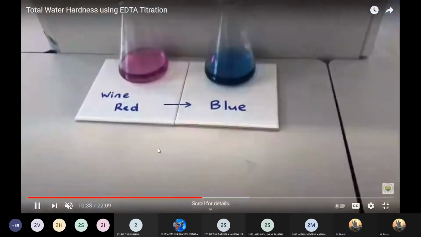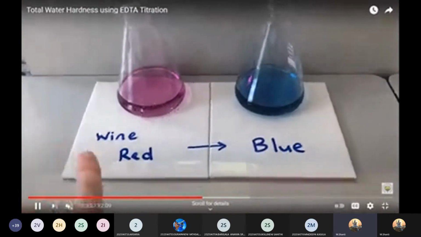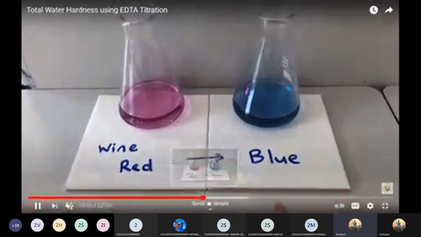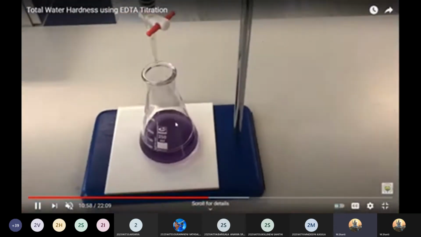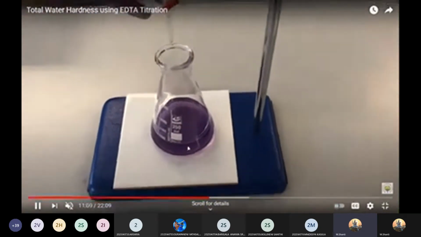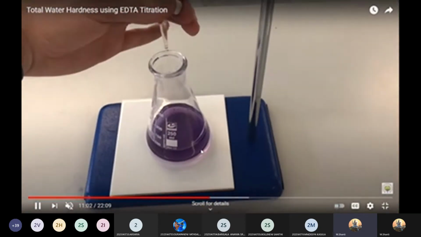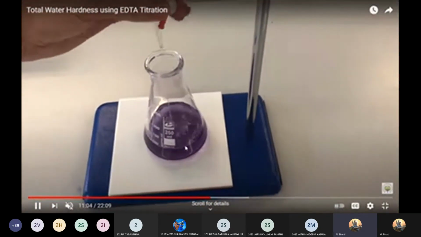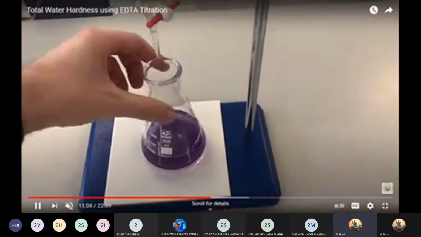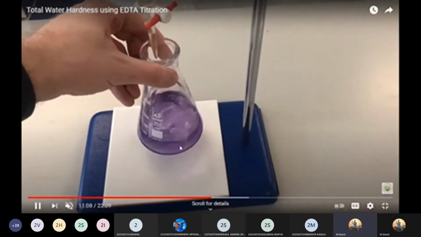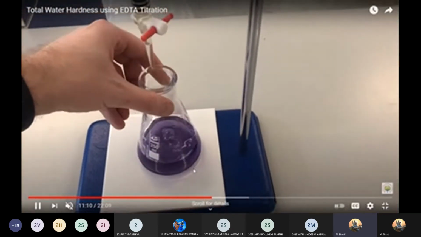This is the original color, wine red. Then after the addition of the titrant, it has taken this color, and with further addition, this is still not blue. After adding a little more titrant, you can see there is a lot of change in the color of the solution.